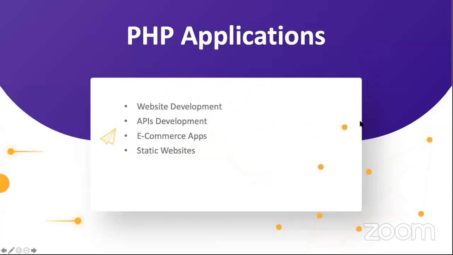So let's start with PHP applications. What do we generally use with PHP applications so far? When someone asks what you build in PHP, the general answers are website development, API development, e-commerce apps, sometimes static websites or some products. But nothing comes to real time when we generally talk about PHP, right?